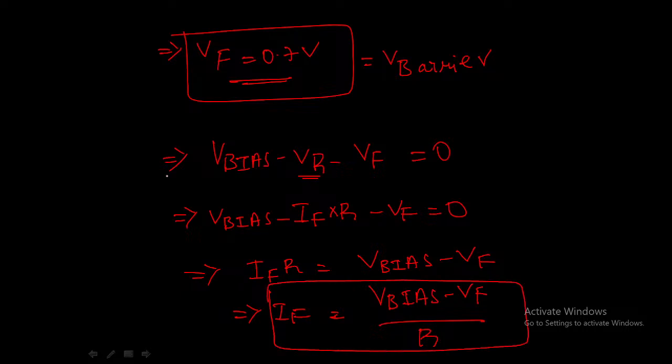This is how we find the current flowing through the diode in forward bias condition: IF equals (V bias minus VF) divided by R. And what is the current flowing in the diode when it is reverse biased? IR will be simply 0 amperes.